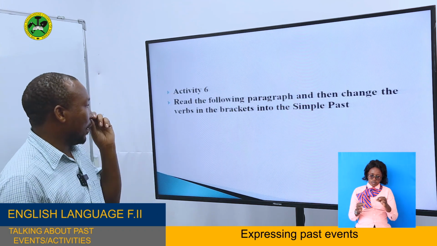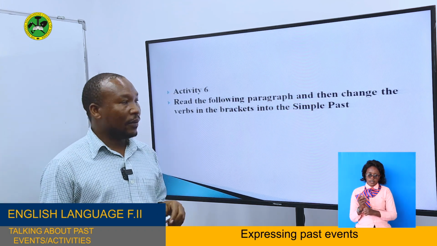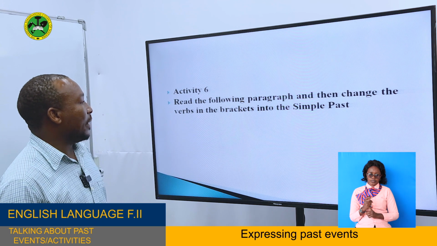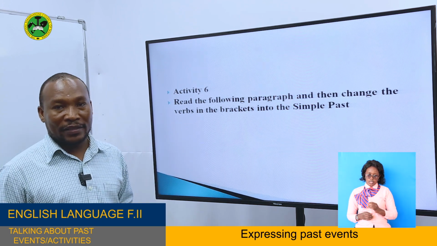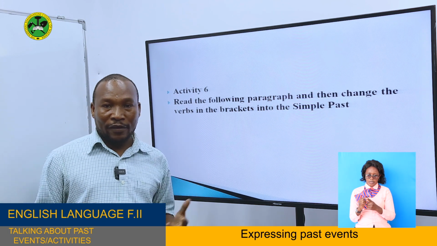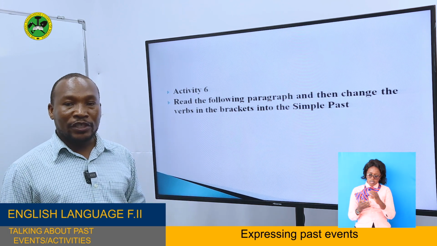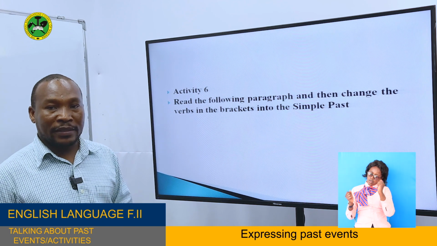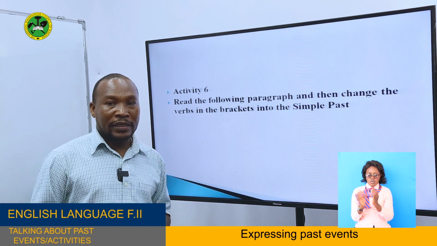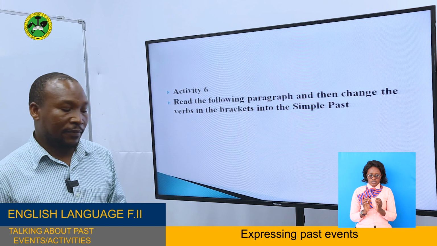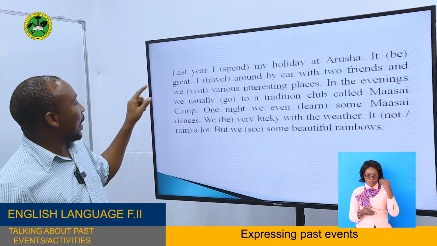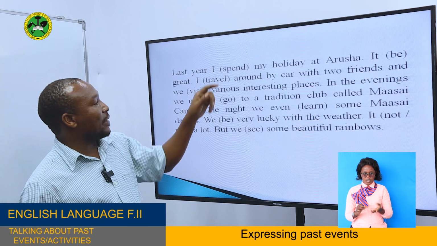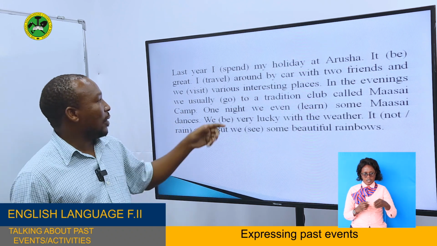We have the last assignment here about the paragraph, and the verbs will be there in the brackets. Therefore, you read the paragraph and you change the words or verbs in the brackets to suit simple past tense. This is a very short paragraph. Last year, I, in the bracket, spend my holiday at Arusha.